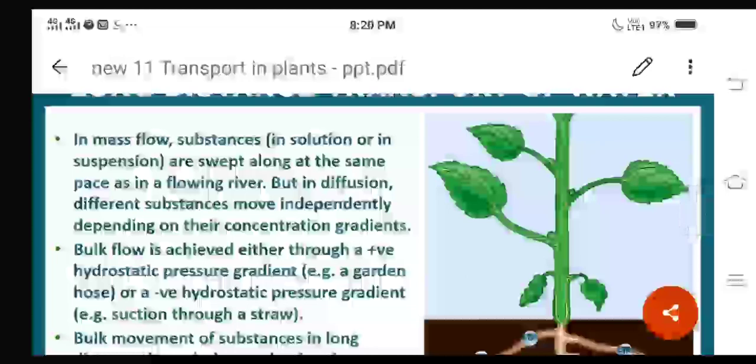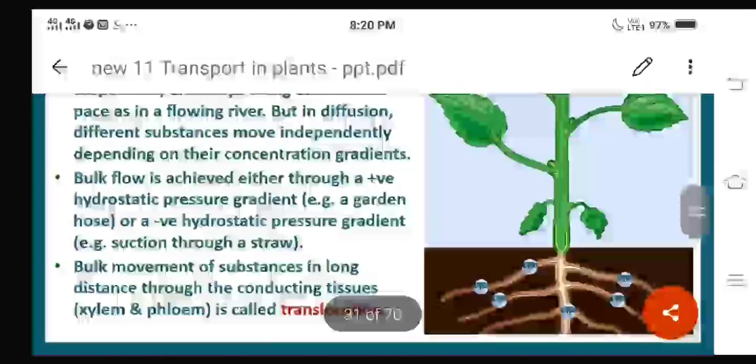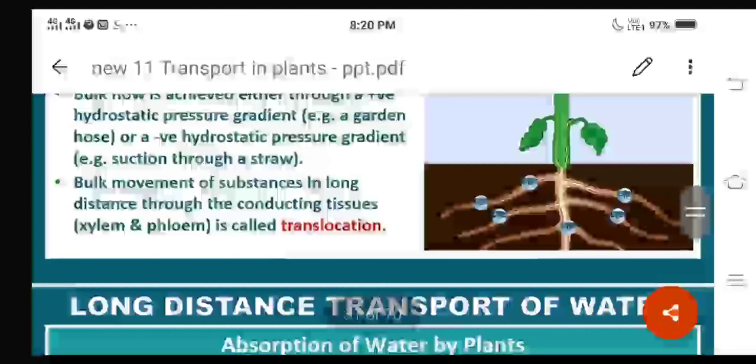Both will develop in the plants. What are they? Positive hydrostatic pressure as well as negative hydrostatic pressure, right? Then one more point: bulk movement of substances over a long distance through the conducting tissues like xylem and phloem is called translocation, right?